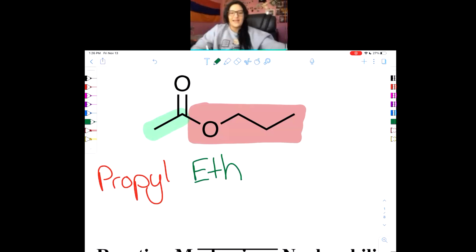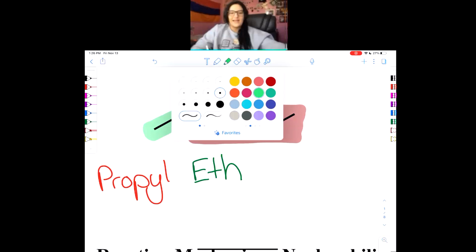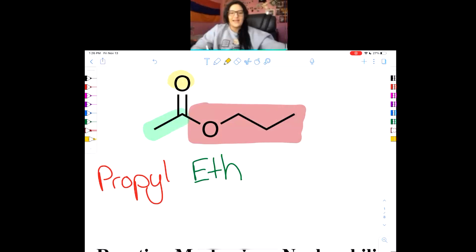So we're going to say propyl, ethyl, and then last but not least, we're going to name this part of it. Does anyone happen to know what the suffix for an ester is?